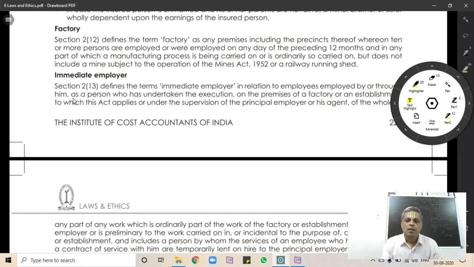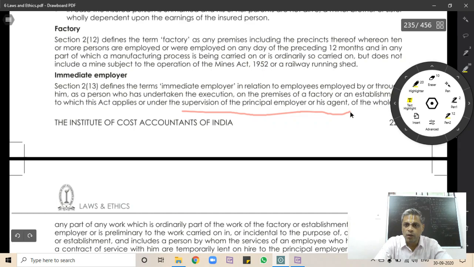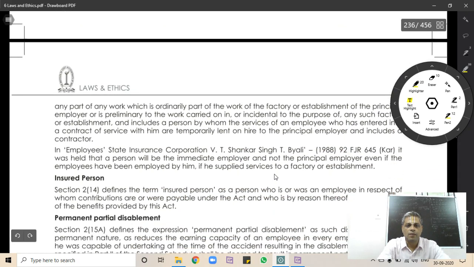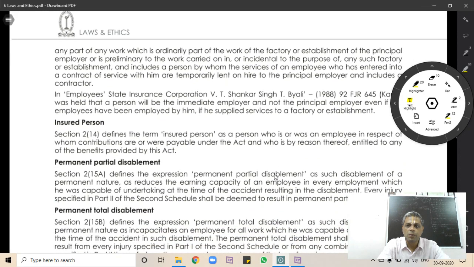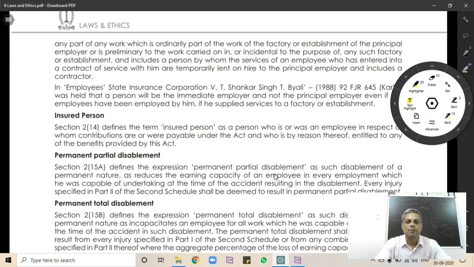So on the premises of a factory or an establishment where the act applies, or it can be under the supervision of the principal employer or his agent, on the whole or any part of the work which is ordinarily part of the factory or establishment where the principal employer is covered. That includes an agent or a contractor.